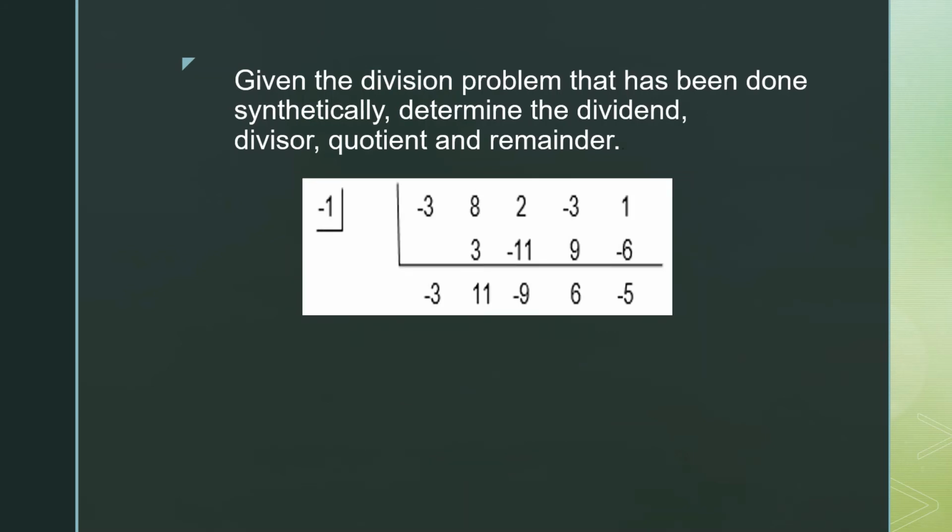Let us try another example. What is the dividend? The dividend is negative 3x to the fourth plus 8x cubed plus 2x squared minus 3x plus 1. How about the divisor?